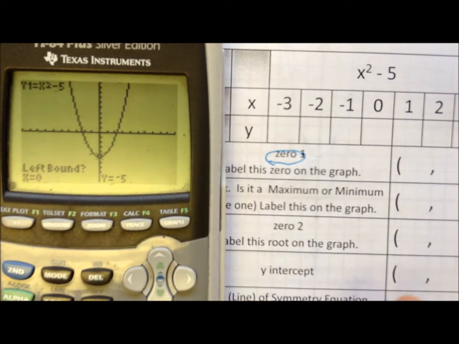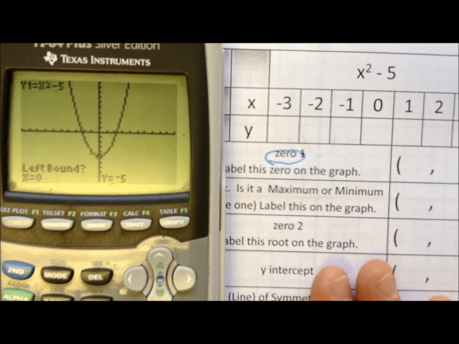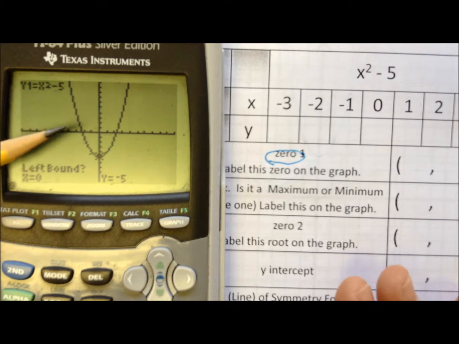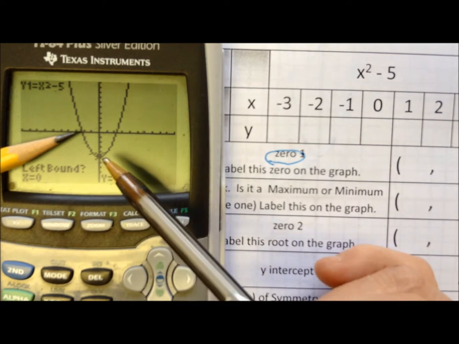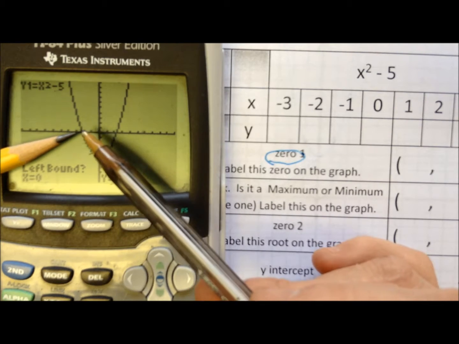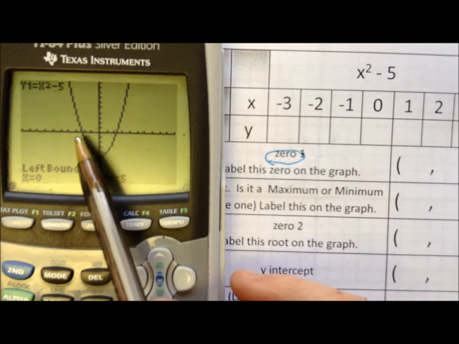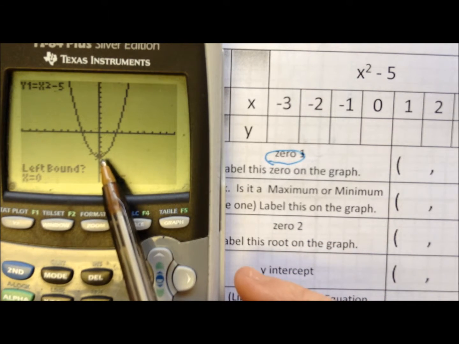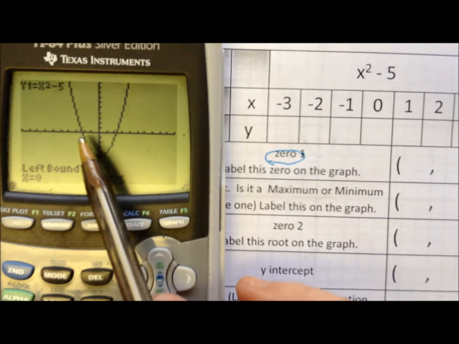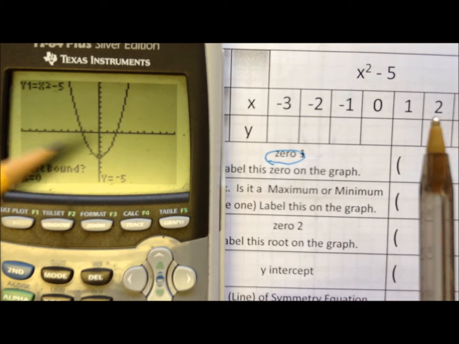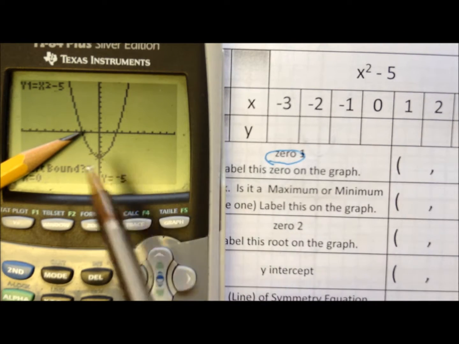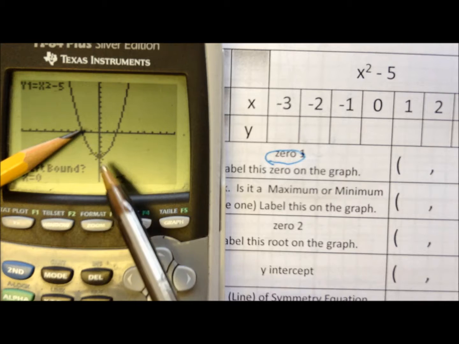Now when you find zeros, you have to do them one at a time. So if I come over here and I want to do this zero, I have to move this cursor to the left of this point. So right now, this cursor is to the right side of this target point. Look at the tip of my pencil and the cursor.